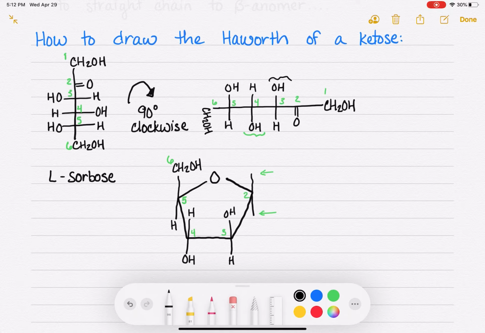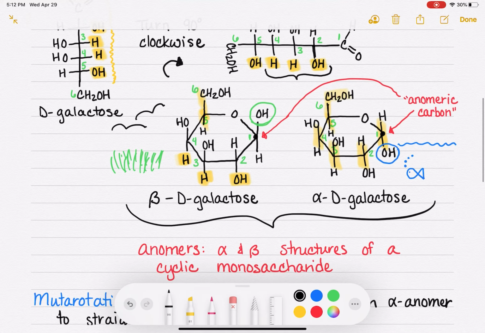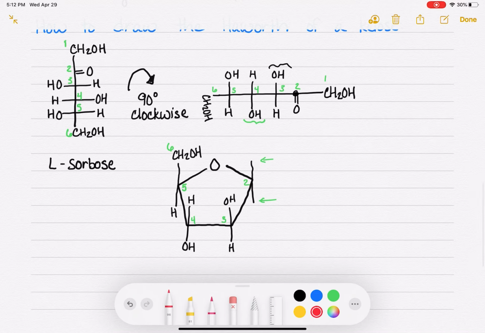And so now we've moved on to carbon number 2. Carbon number 2 is very similar to what we had at carbon number 1 for our aldoses. This carbon number 2 is our anomeric carbon. It's this carbon that dictates whether this is going to be the alpha or the beta anomer.